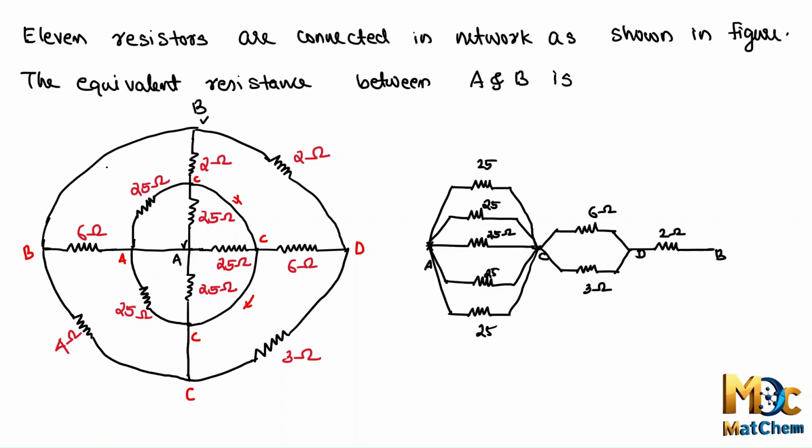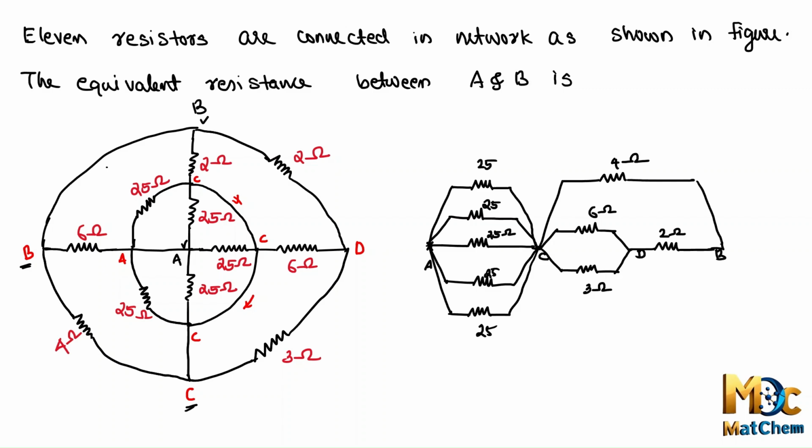Done. Okay. Then, this is C, this is B. Between C and B, there is a 4 ohm resistance. Oh, sorry, one more thing. Between B and C, there is a 2 ohm resistor also.